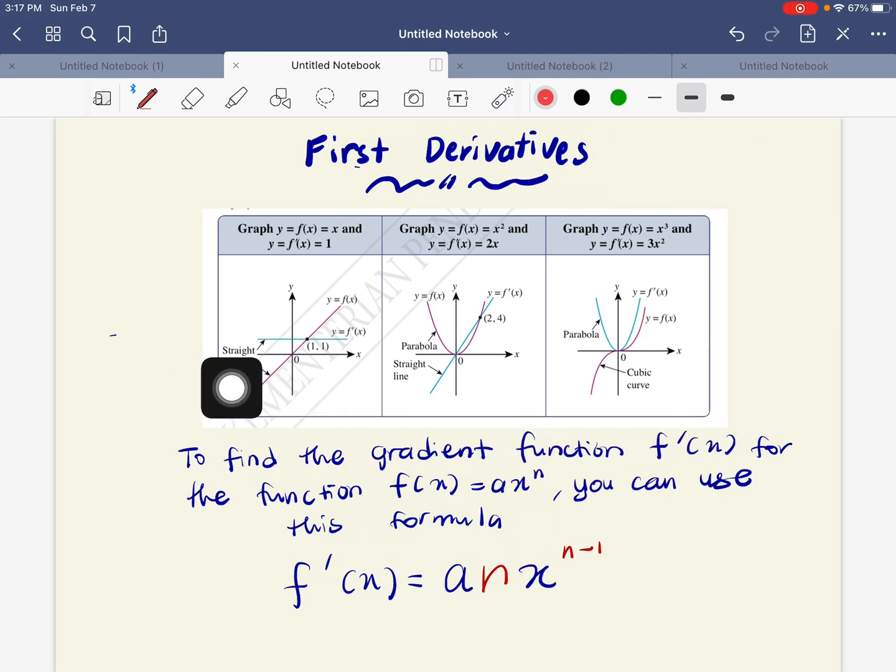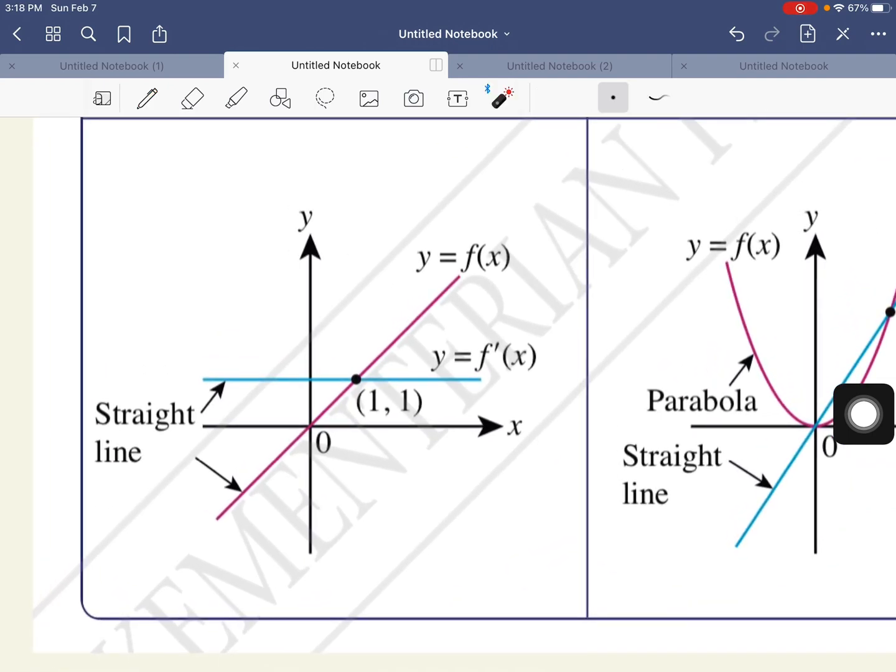If you can see here, I'll enlarge it a bit.